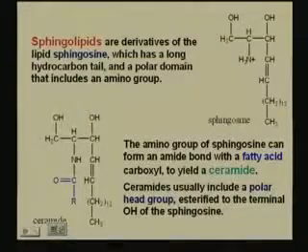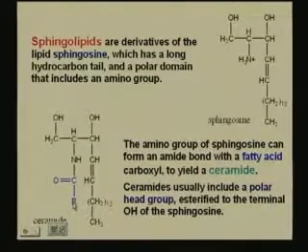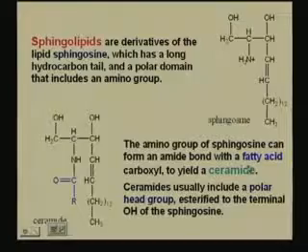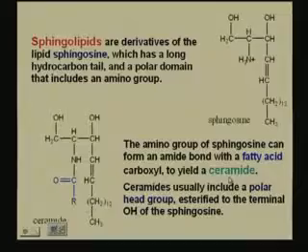You see in the part here that we have an R-C double bond O-NH, because we have just like an amino acid linked to an NH3 plus would give you what? An amide. So, the amino group of the sphingosine can form an amide bond with the fatty acid, which gives you what is called a ceramide. Okay.